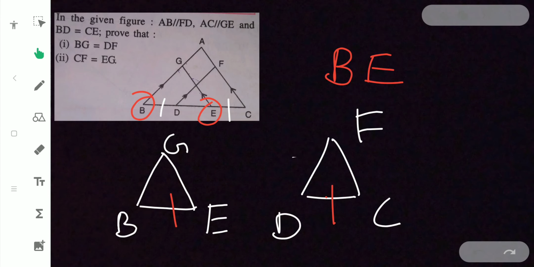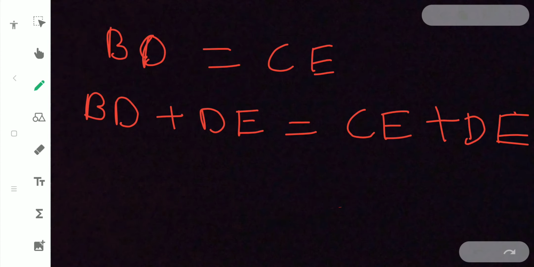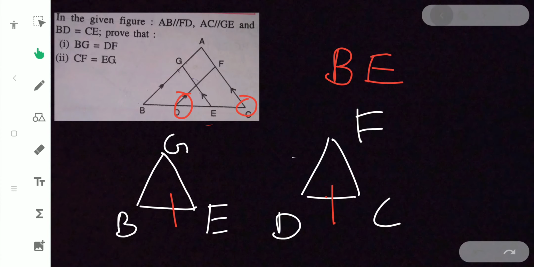So what is CE actually? CE is here, so I am representing it CE plus DE. So you are having CE plus DE, which is equal to CD.